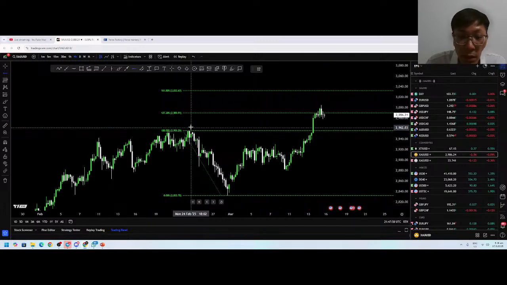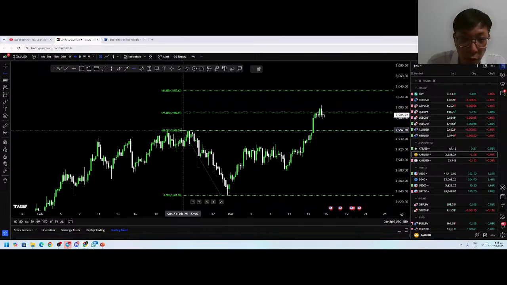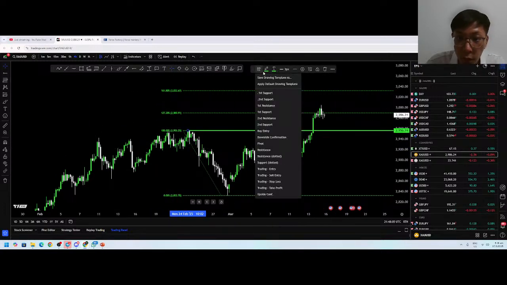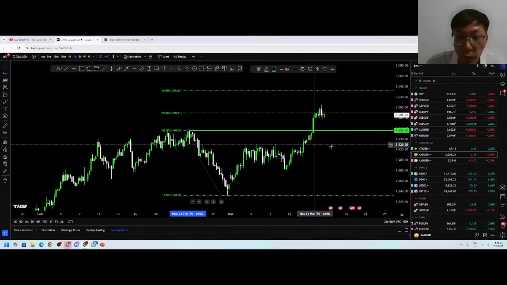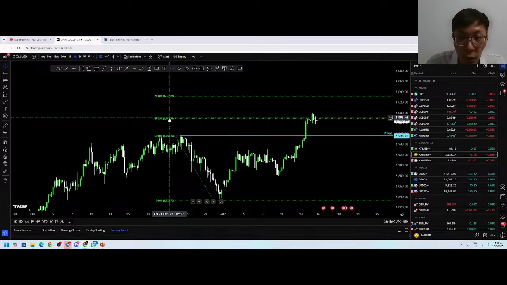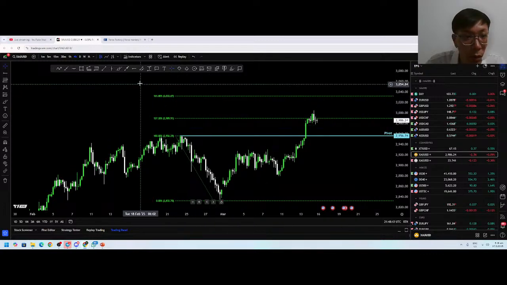Yeah, but since we are in a very strong uptrend, we will want to enter buys instead. Okay, let's see, pivot, and then yeah, pivot.